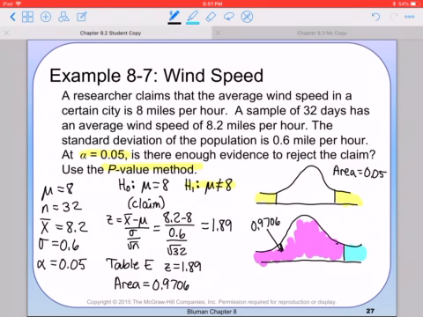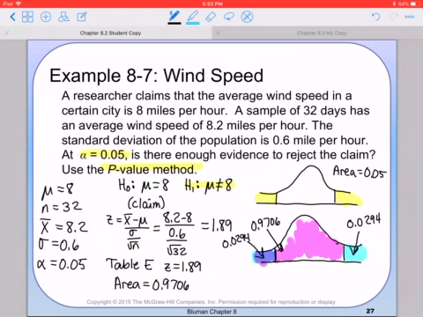All you got to do is 1 minus 0.9706, and we get 0.0294. But it's a two-tailed test, so we want to multiply that by 2 so we can get some blue area over here too. And we want this blue area to also be 0.0294.